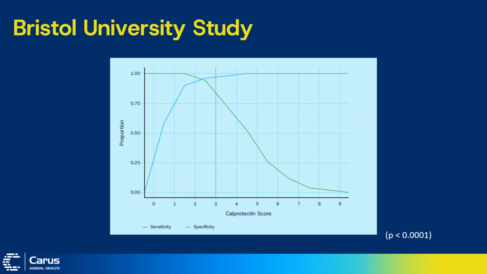The team at Bristol University then used some very fancy, confusing statistics to confirm that this separation is statistically significant, which validated the test's discriminatory ability. A threshold of 3 on the GIQuest test, which is equivalent to 3 mg per kg, provides a robust diagnostic cutoff for identifying inflammatory enteropathy with a specificity of 96% and sensitivity of 94%.